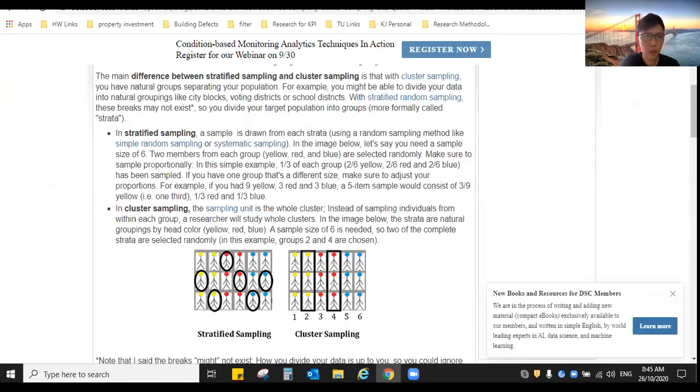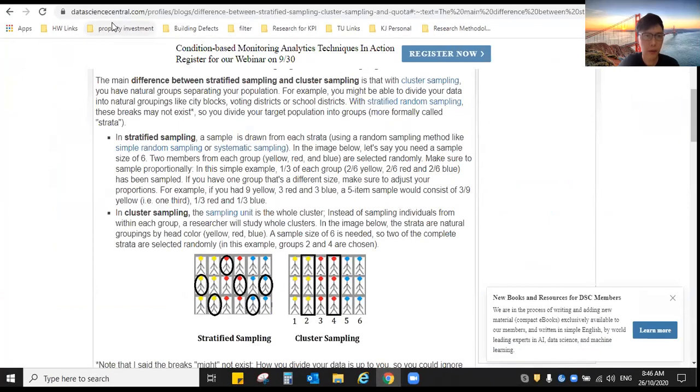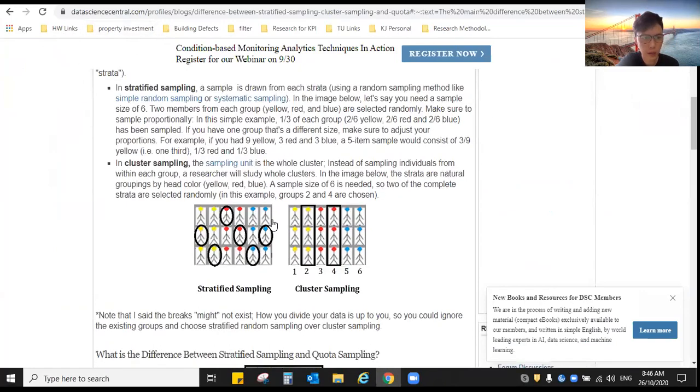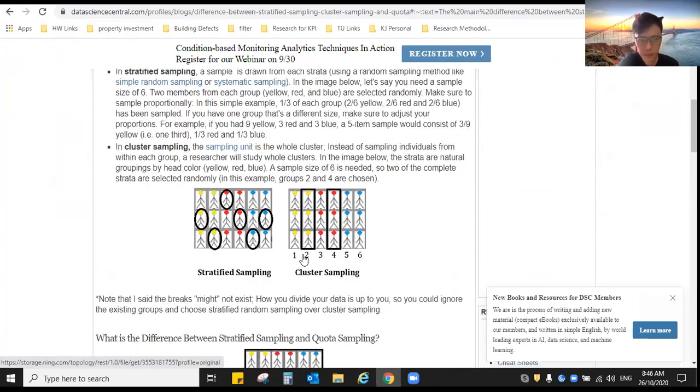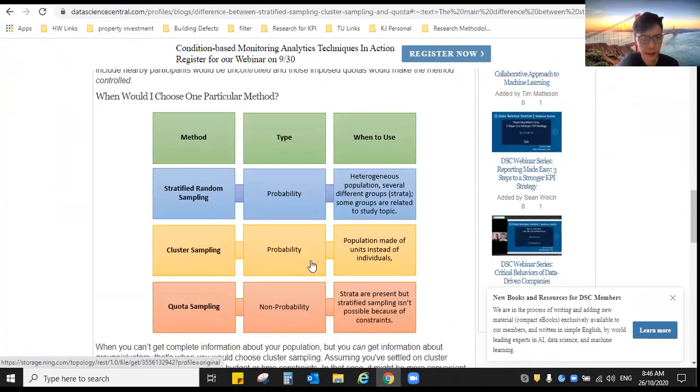This is another website, Data Science Central. You can have a view on it. They also explain the difference between cluster and stratified sampling, with a different arrangement. So you see which one is easier for you to understand, and read on it.